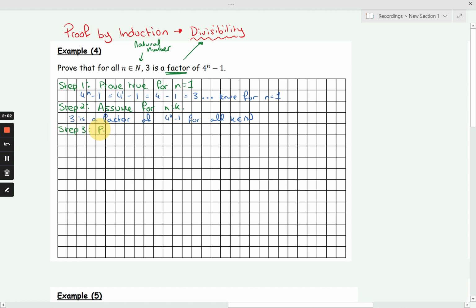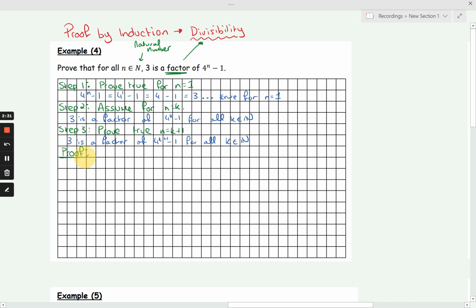For step 3 now, we're going to prove true for n equals k plus 1. Which means what we're trying to prove is that 3 is a factor of 4 to the power of k plus 1 minus 1 for all k is an element of N. Now in our proof we need to take this and simplify it using our laws of indices.